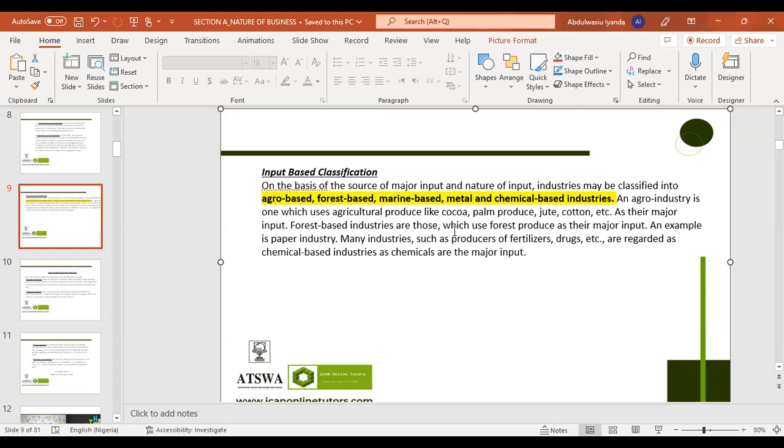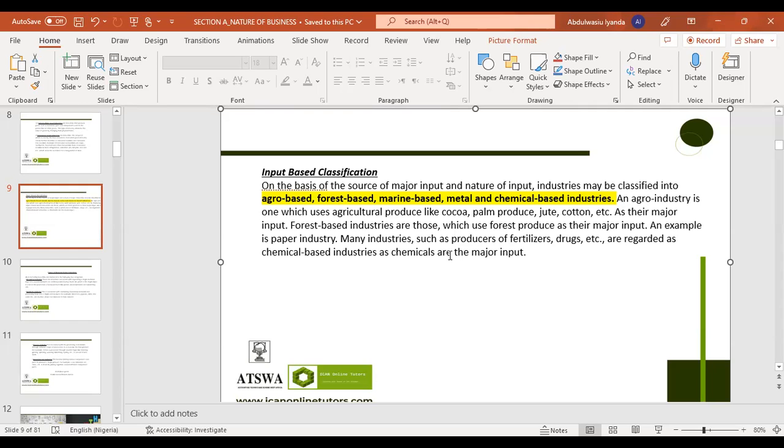An example is the paper industry, which uses forest produce as its major input. Many industries, such as producers of fertilizer, drugs, etc., are regarded as chemical-based industry, as chemicals are their major input.